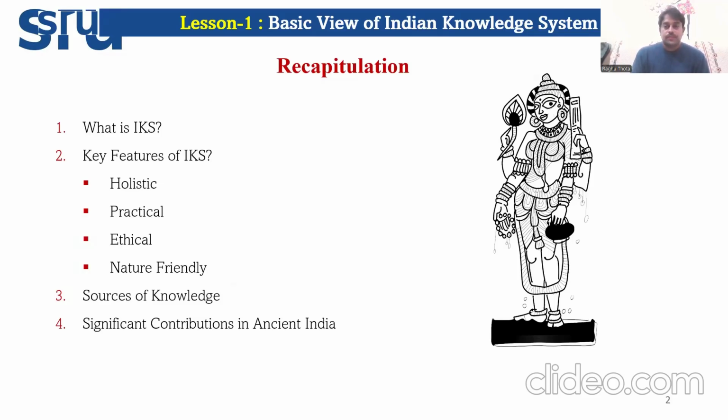It means learning by doing, learning through actions. Either it is farming, architecture, or else fighting, warfare, everything they did with practice. That is one of the important key features of Indian knowledge system pertaining to education.